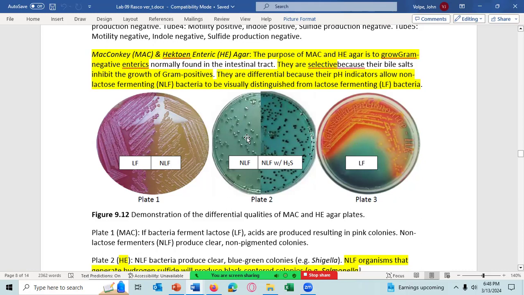If it grows on HE, I forgot to mention that, then it's likely to be a gram-negative cell. So these are all gram-negatives. And if it's black on Hektoen enteric agar, regardless of whether it ferments or does not ferment, that means it's forming hydrogen sulfide gas. Any questions about that?